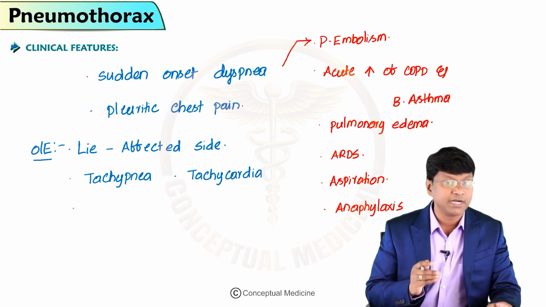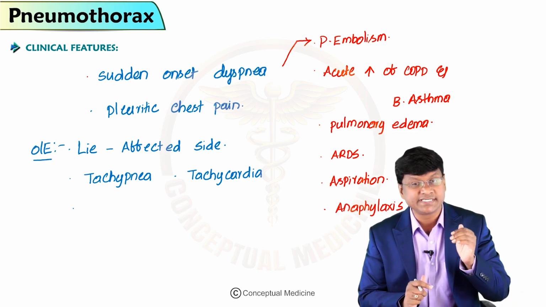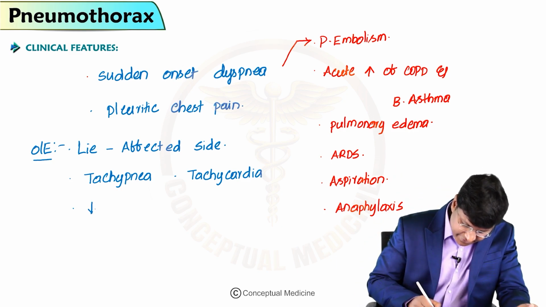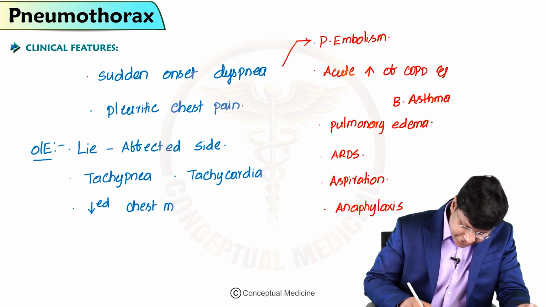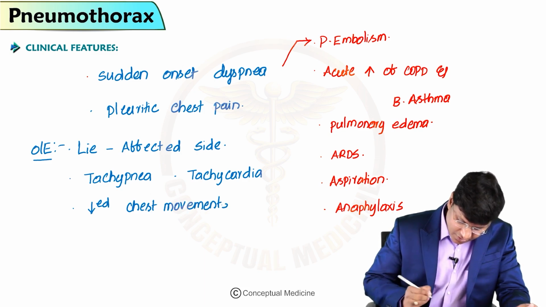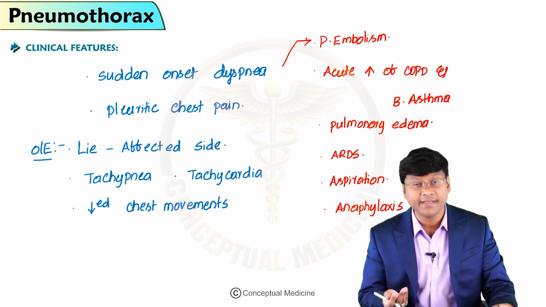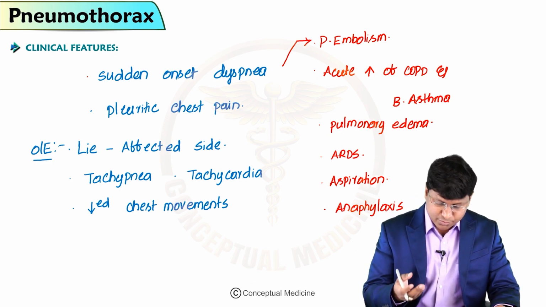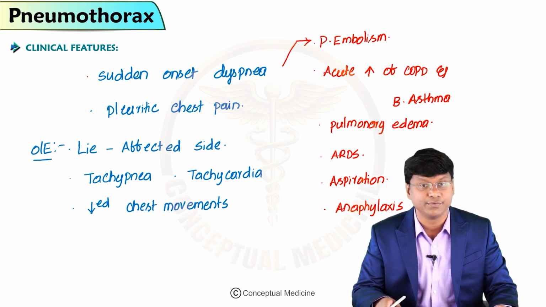And if you observe the chest movements on the affected side, there will be diminished chest movements. Why? Because the lung is collapsed there. That is the reason the chest movements are reduced.